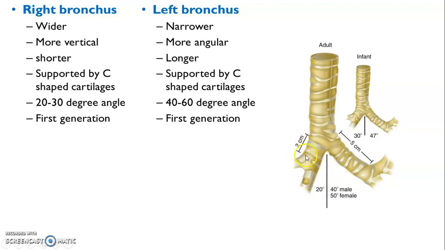The right one is shorter, it's wider, and it's more vertical or more inclined with the trachea, but the left one deviates from the tracheal line with a greater angle than the right. So the right is wider, more vertical, and shorter, and both are supported by C-shaped cartilages, but the angle the right bronchus deviates from the trachea is smaller than the angle of the left bronchus.